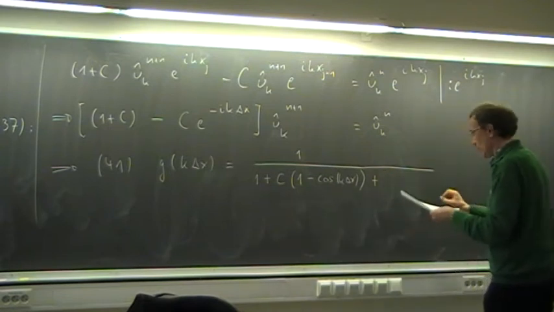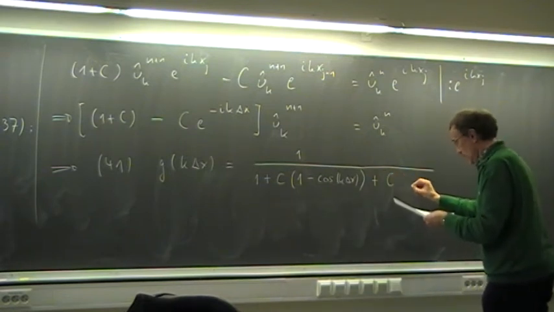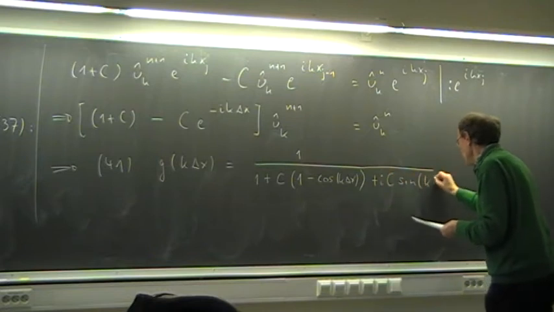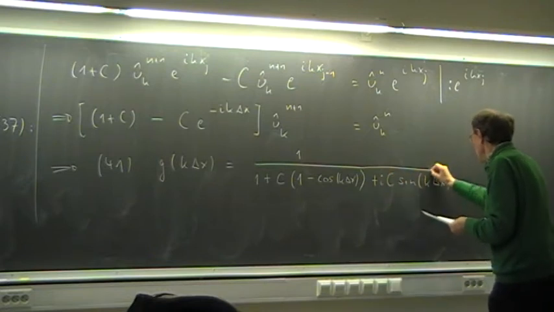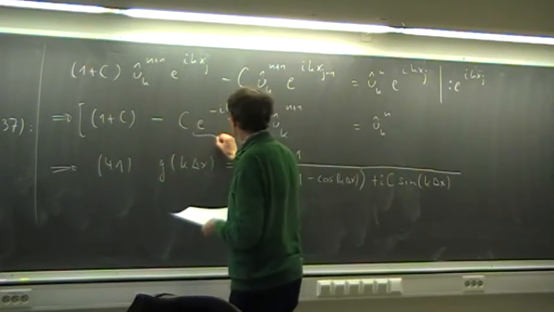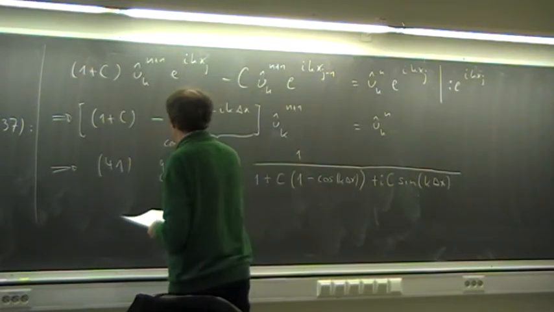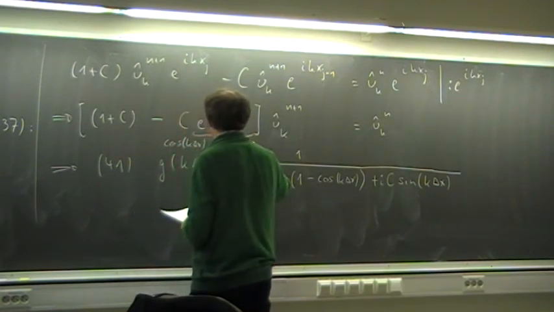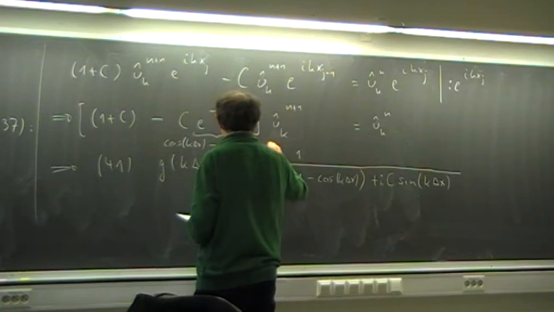So for that we get a plus c, the I is in front, sine of k delta x. So that is what we used here in between, the Euler's formula: cosine k delta x minus I sine k delta x. That is most correct.